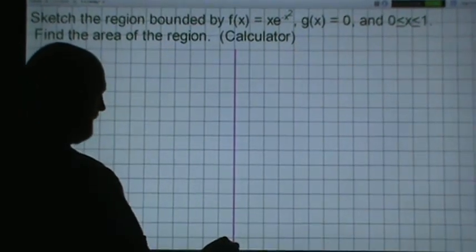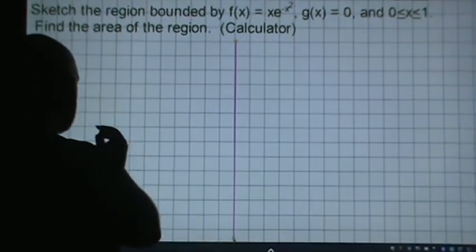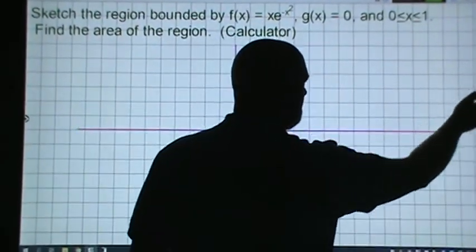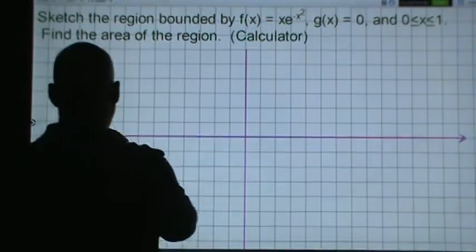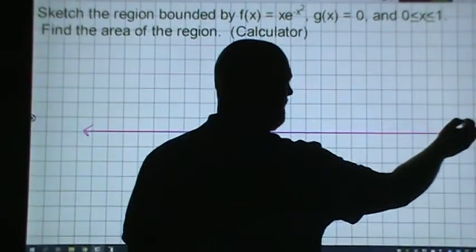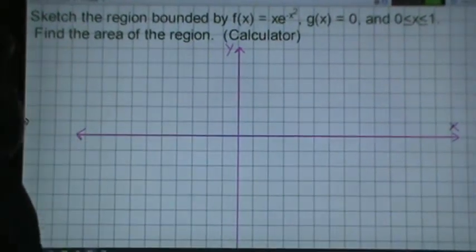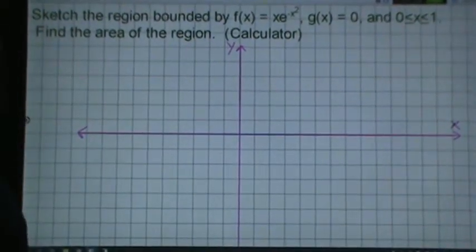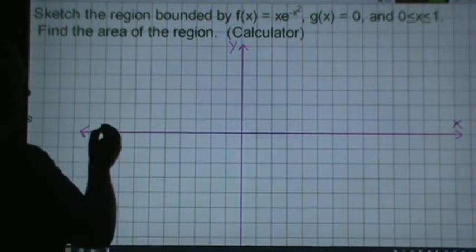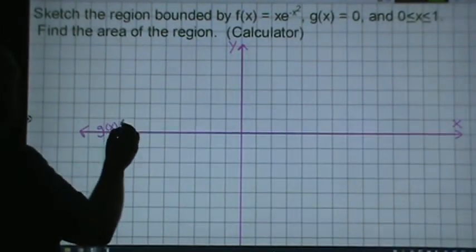Obviously there's a coordinate plane here for a reason. We know that g of x equals 0 is the line y equals 0, or the x-axis, but I could label it g of x equals 0.